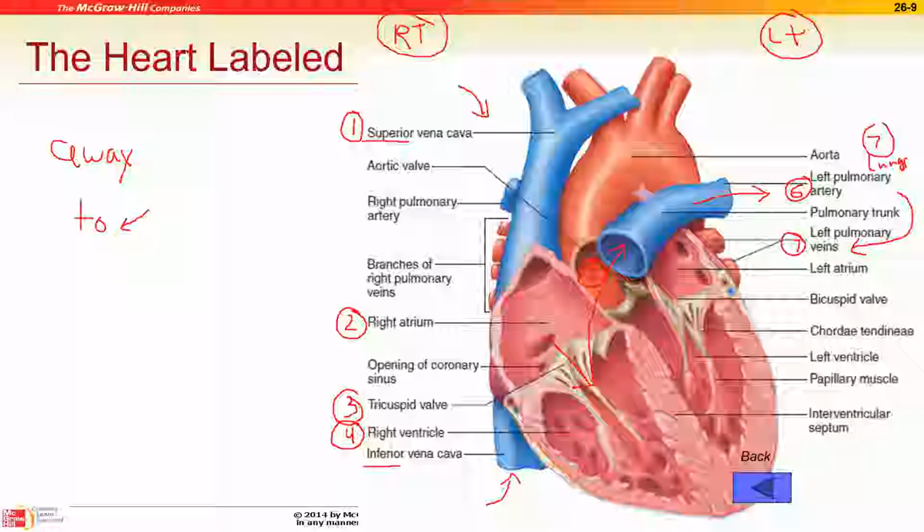So here now we go back. What chamber are we in? Yeah, we're in the left atrium. And now which valve is on the left side? Bicuspid. What's the other name for it? Mitral valve.